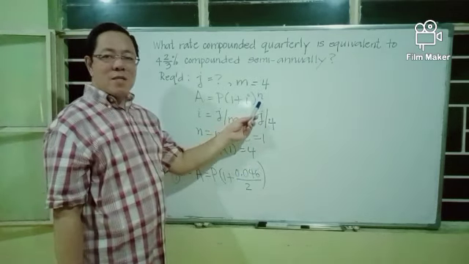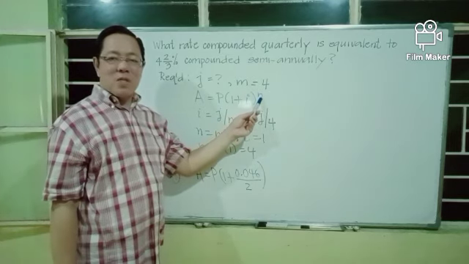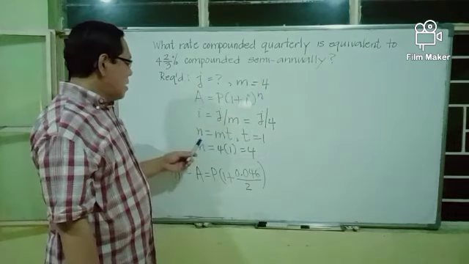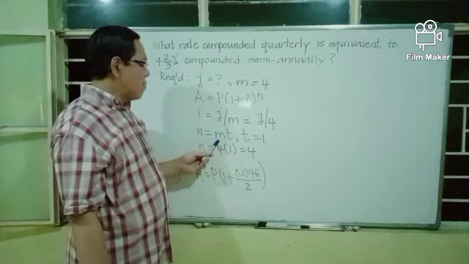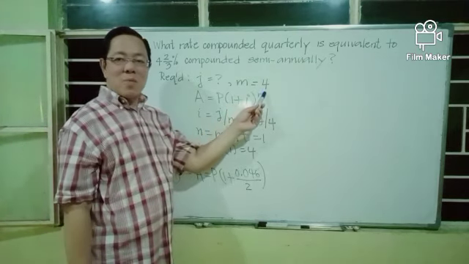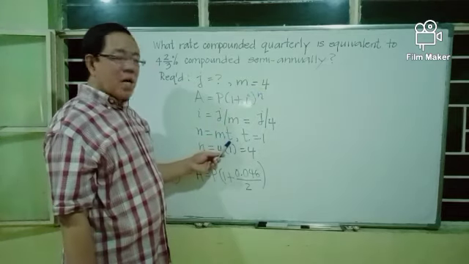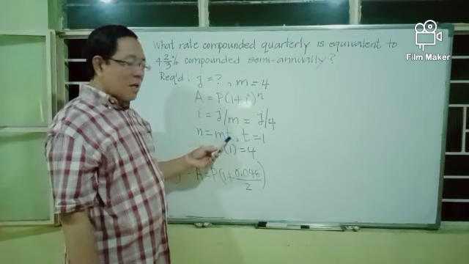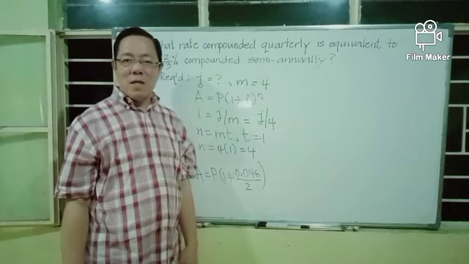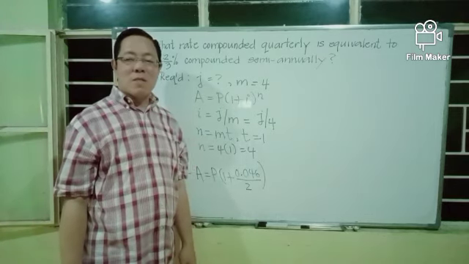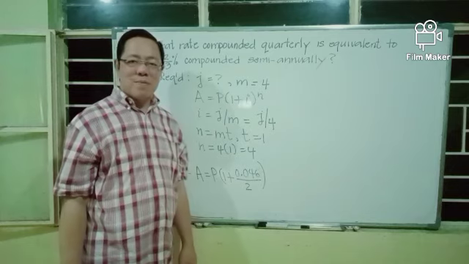The exponent N is the total number of interest computations for T years. And N is equal to M multiplied by T, where M is the number of interest computations per year multiplied by T years. Again, for this unknown compound interest rate, we take T equals 1 year because the time T is not given.